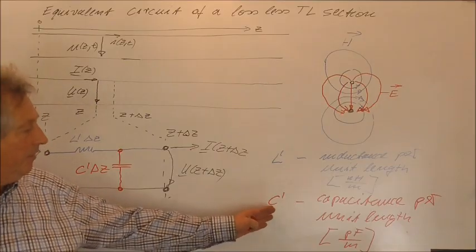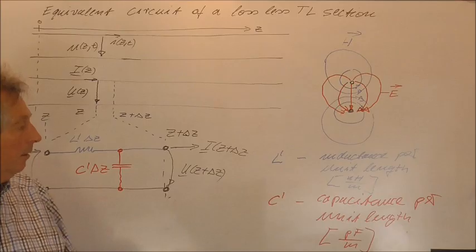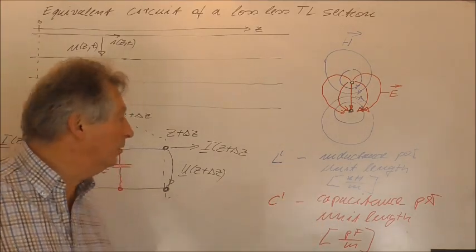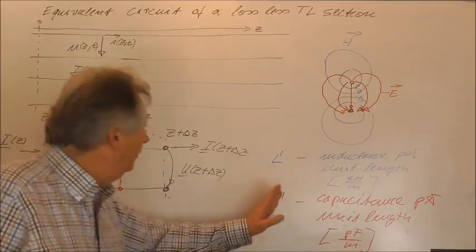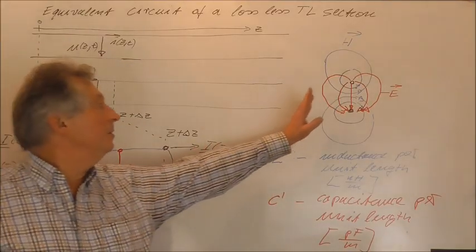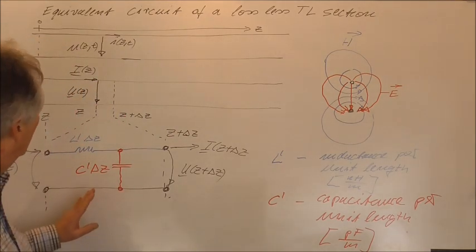This results in the fact that for every transmission line which we consider, we must know its capacitance per unit length, and then with the help of the capacitance per unit length, we describe the influence of the stored electric field energy.